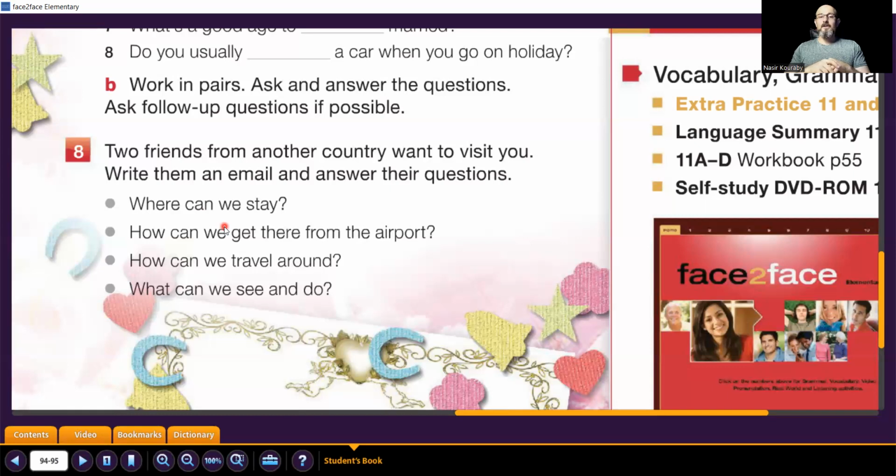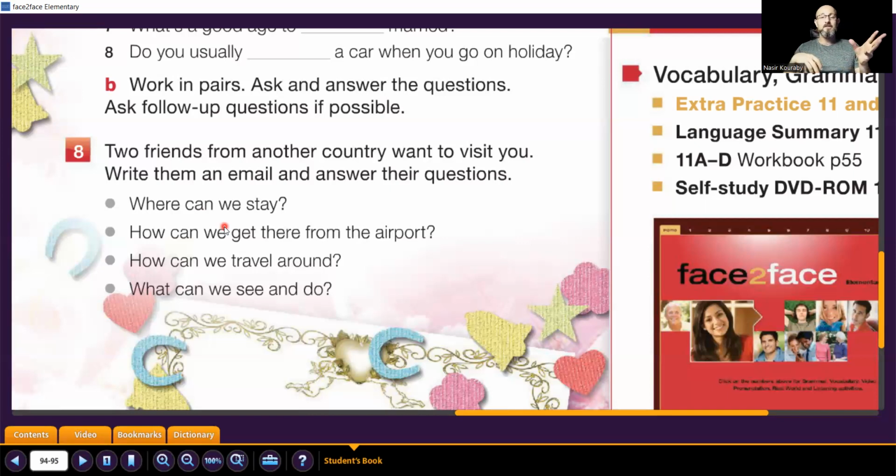How can we get there from the airport? How can they get from the airport to your home? If you have a car and the airport is near, you can say, I will come to the airport and I will take you from there. Or you can take a taxi, you can take a bus. How can we travel around? That means, how can we move in the city? For example, if I want to go from a place to place, I will take a taxi or a bus.